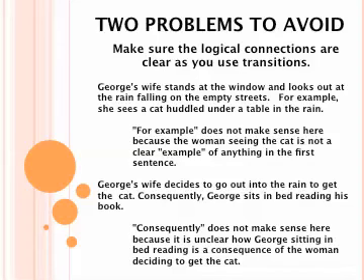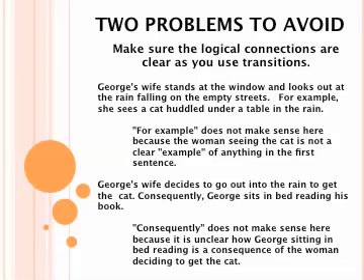Okay, next one. George's wife decides to go out into the rain to get the cat. Consequently, George sits in bed reading his book. Consequently is a transition that tells the reader that as a result of George's wife getting the cat, George is going to do X. Well, why would George sit on the bed because his wife went out to get the cat?